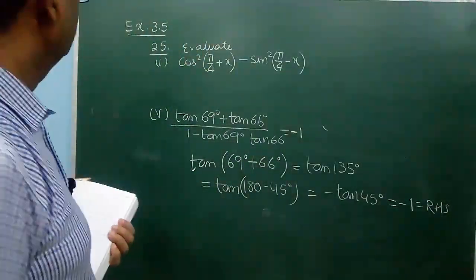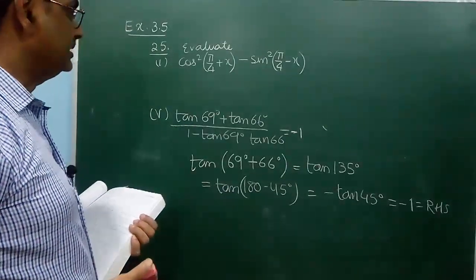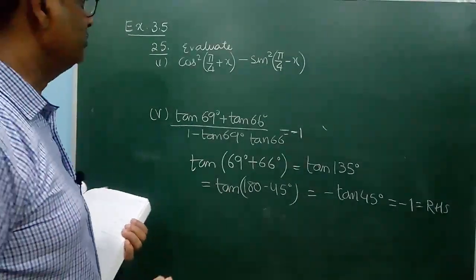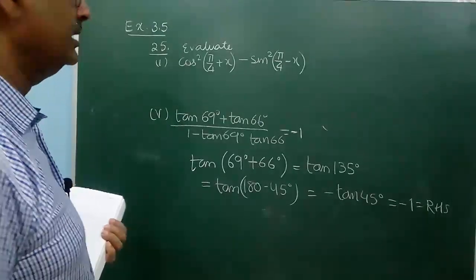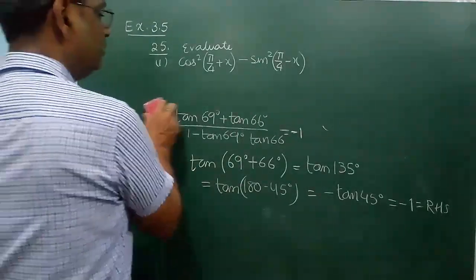The question is cos square pi by 4 plus x minus sin square pi by 4 minus x. Here we can use a formula.